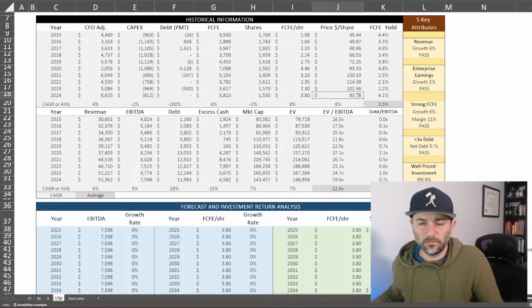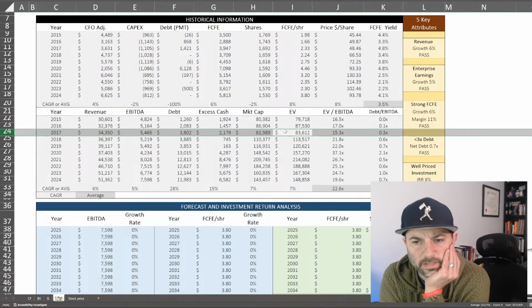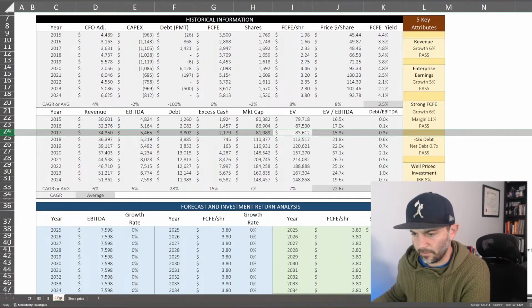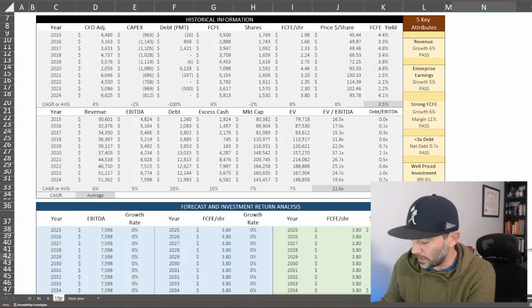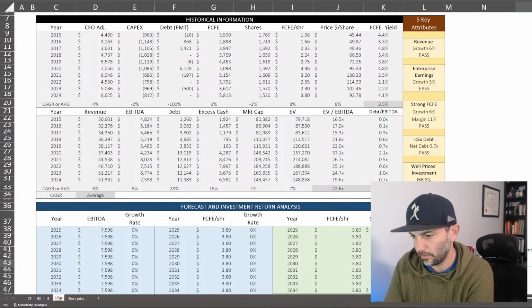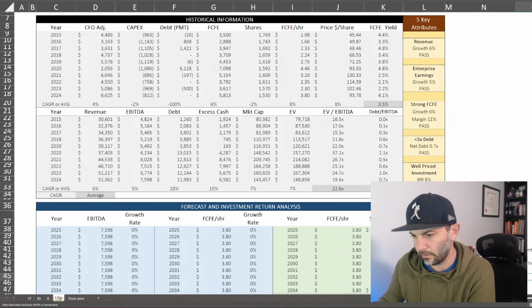Wow. Wait a second, guys. It hasn't traded that low since the 17, 18 time frame. What did I say? Free cash flow was 6.6 billion. So that's actually a 6% free cash flow yield. And then EBITDA, at least trailing EBITDA, 14x.